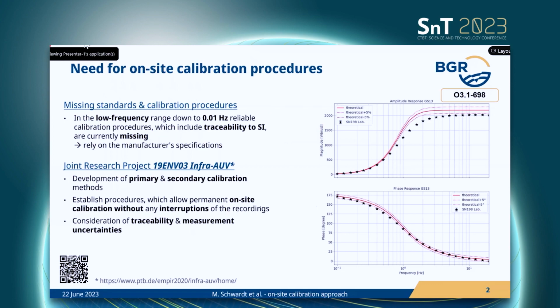Here we have to focus, especially in the IMS context, on developed methods that do not interrupt the ongoing operations of the system. Another point that we have to consider, besides traceability, is the uncertainty. If you're interested, check out the homepage of the project.